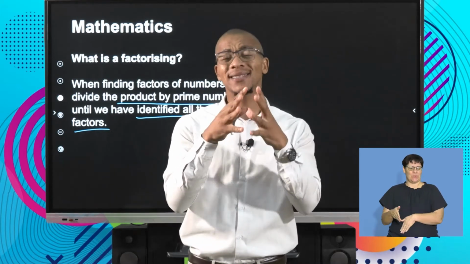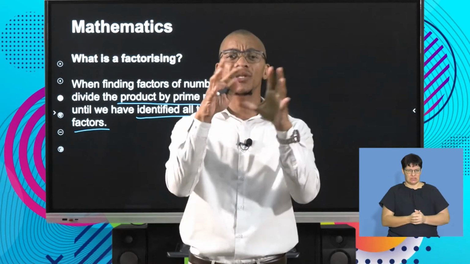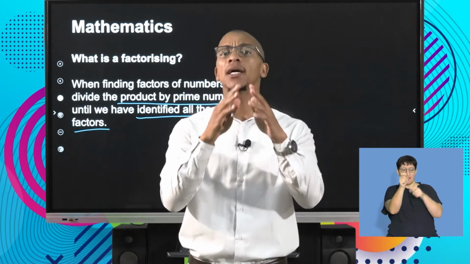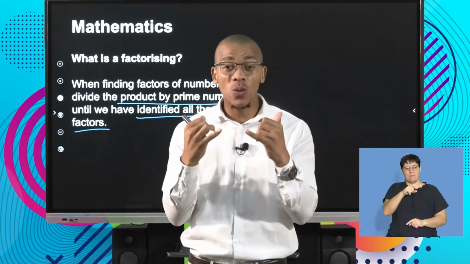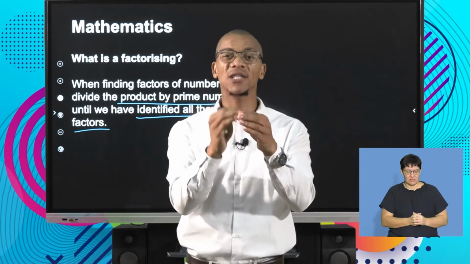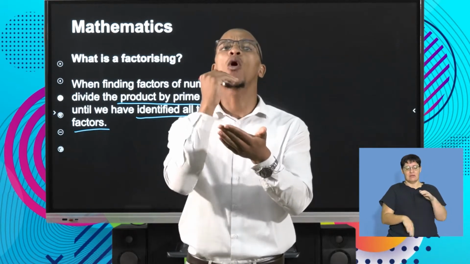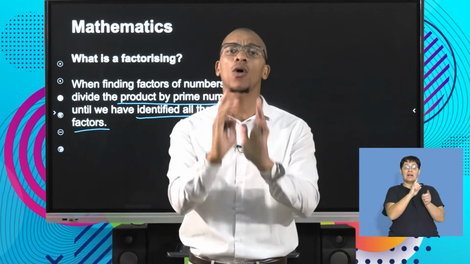I think you guys actually did this when you did your ladder method and your tree diagram method of prime factorization, when trying to find a product of a number in terms of its prime numbers. So always try to divide by the lowest prime number until you get to all of the prime numbers. Your last answer must be 1 at all times.